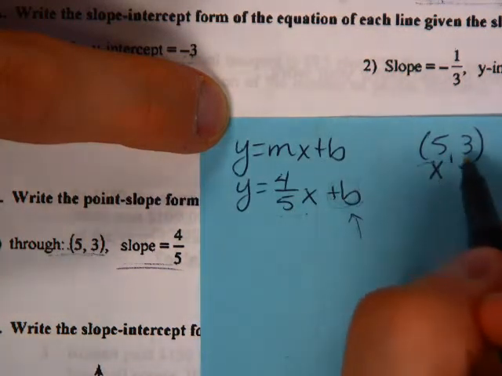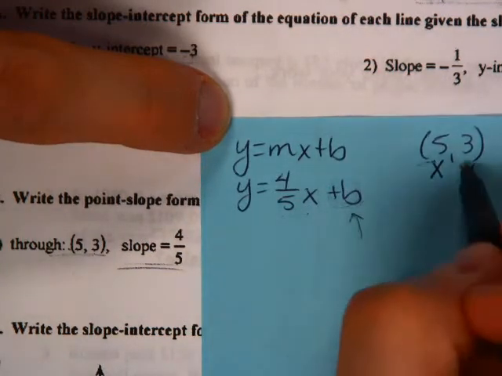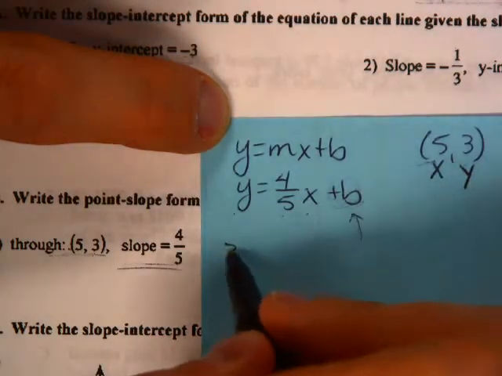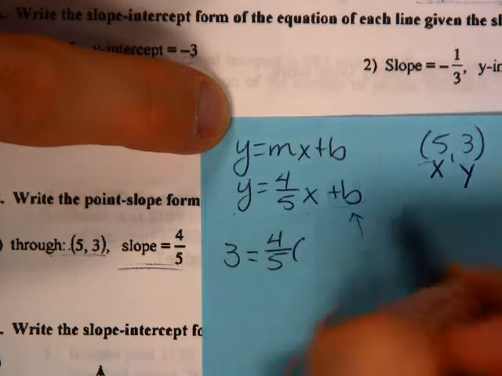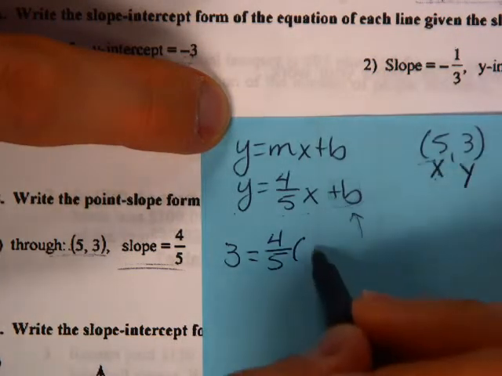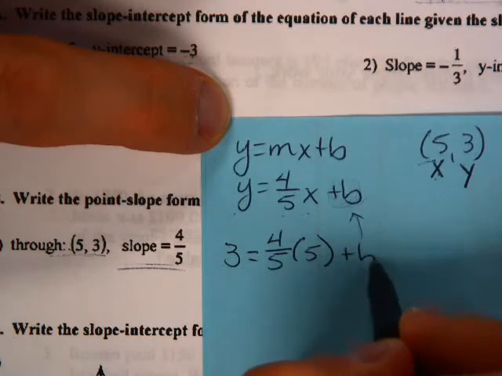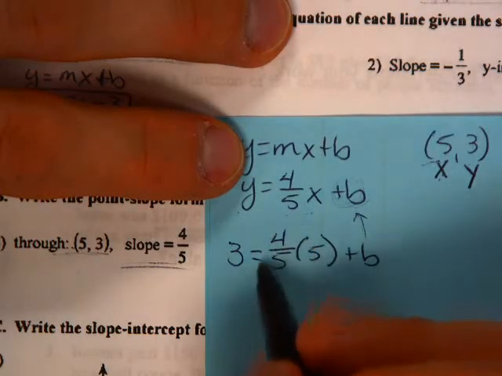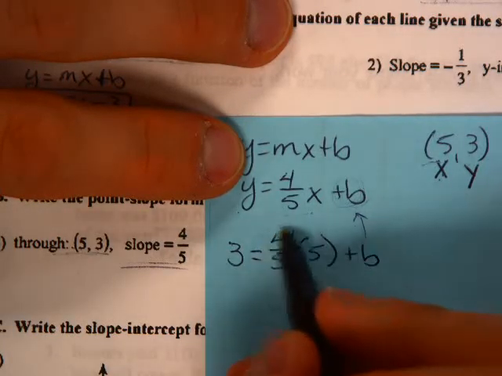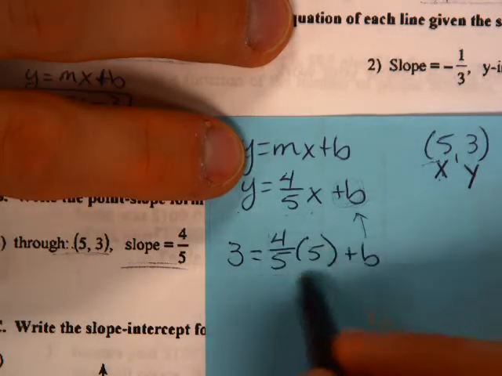So for instance, here's y. y is 3, and then I got 4/5 for my slope. I'm going to substitute 5 in for x, plus b. And then we're going to simplify this. Now, at this point, this is a skill that I will not teach you, multiplying fractions times whole numbers. If you don't know how to do that, please look it up.